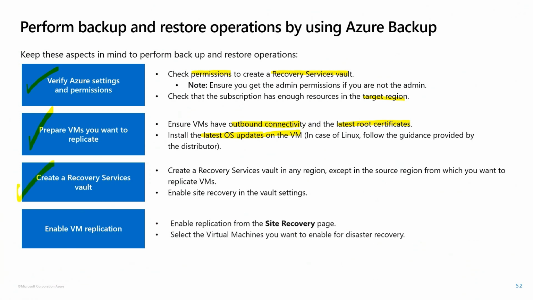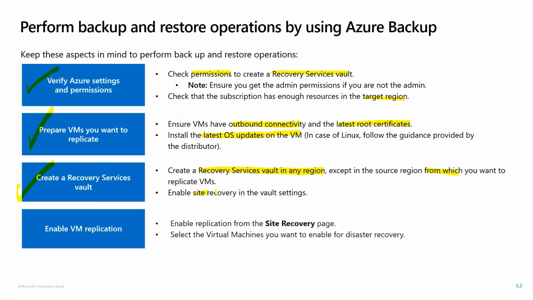Create a recovery services vault in the region where we would like to collect that data. So create a recovery services vault in any region except the source region in which you have the virtual machine. We want to create it in a region other than the source region from which you want to replicate VMs.